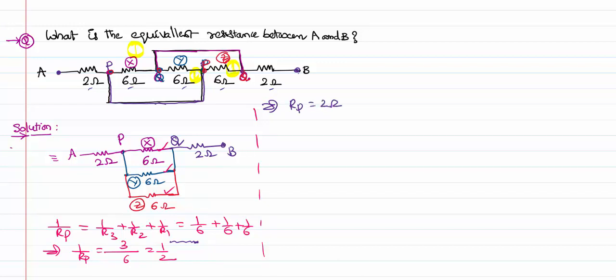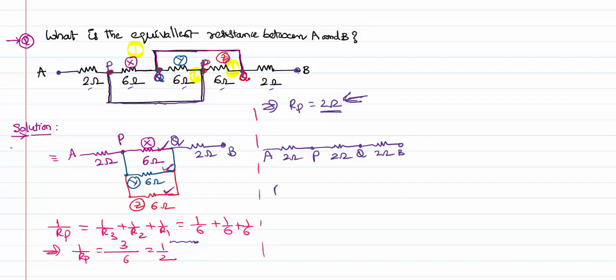If you redraw the circuit, this is A, 2 ohms, this is the point P, this is the point Q. The resistance between the points P and Q is a combination of 3 resistors, 6, 6 and 6 in parallel, and their equivalent value is 2 ohms. Of course, between Q and B, there is another 2 ohms.